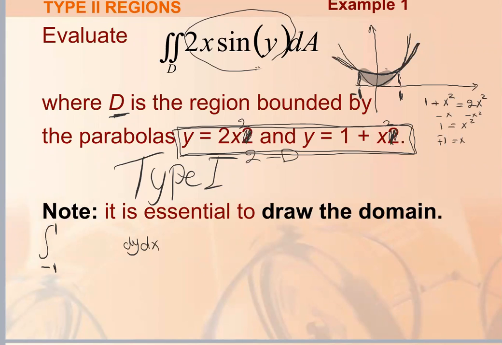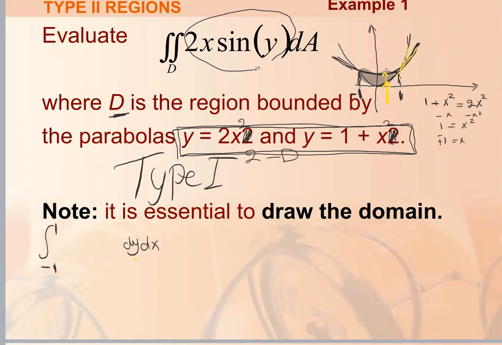So then I need to take care of the y next, right? In order to write the limits of the y, you have to move in the y direction and say, this is the first one that I hit, this is the last one. Or you can say, the lowest one is this one, and the highest one is this one, okay?